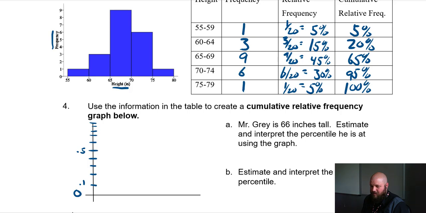So with this, we have the cumulative relative frequency.